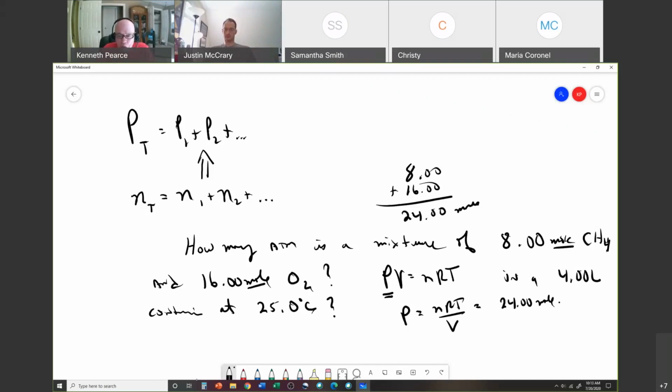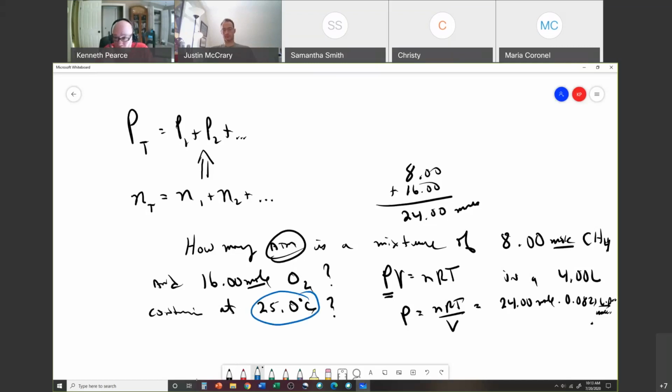What do we need to use for our R? Well, our R needs to be in atmospheres. And so we say 0.0821 liters atmospheres per mole Kelvin. And we need to multiply times our temperature. Oh, wait, do we have to be very careful with that temperature, don't we? We don't want to use degrees Celsius.